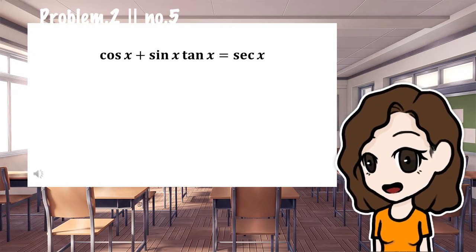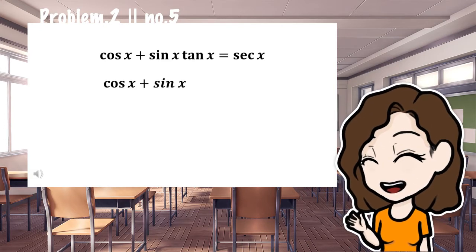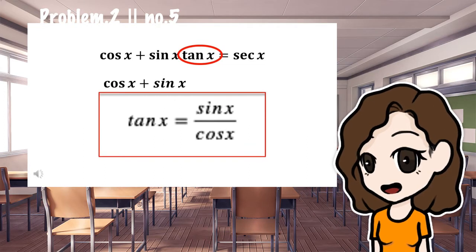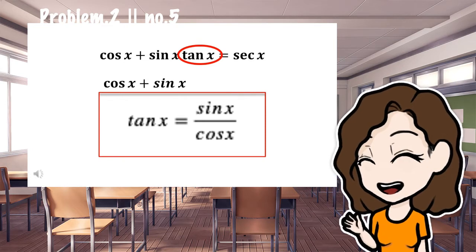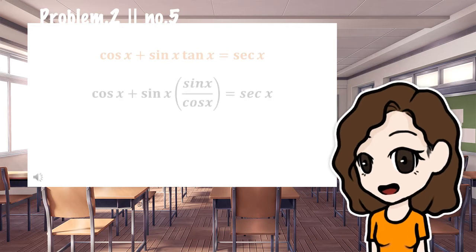What we plan to do for now is just copy cosine x as is, plus sine x, and substitute tangent x because based on the formula, tangent is equal to sine x over cosine x. And copy the right side as is.